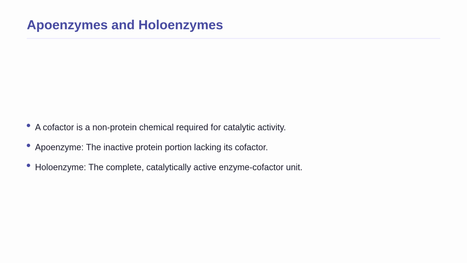However, when the cofactor successfully binds to the apoenzyme, it forms a complete, fully active unit. We call this fully assembled working machine a holoenzyme. Understanding the difference between these two states is the first major step in mastering enzyme kinetics.